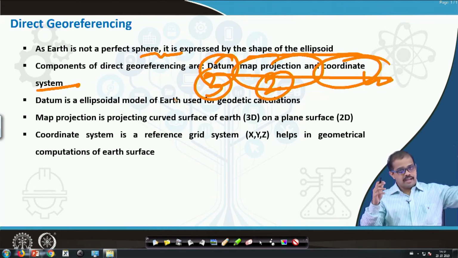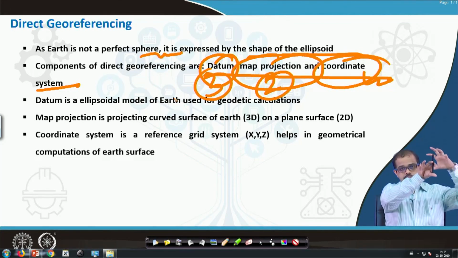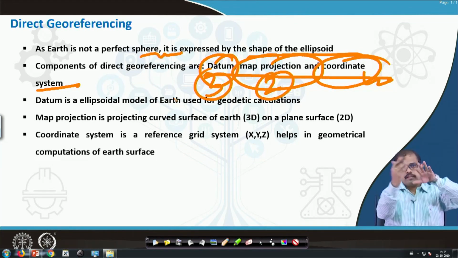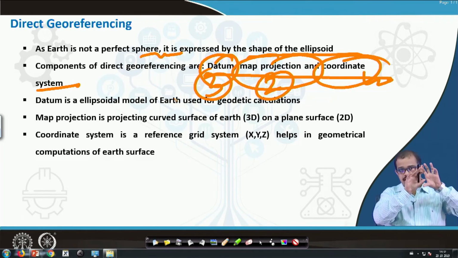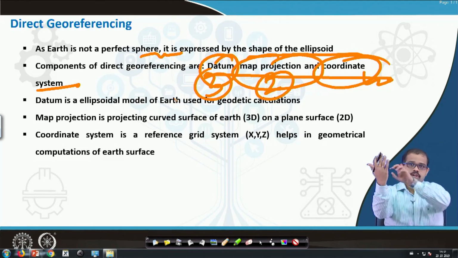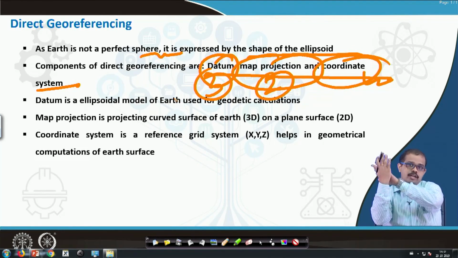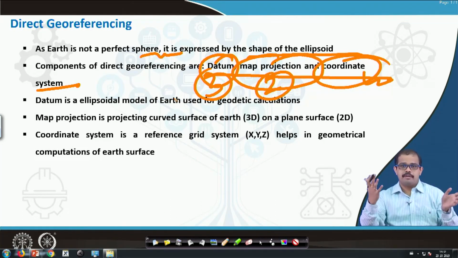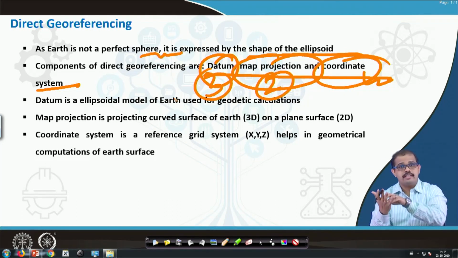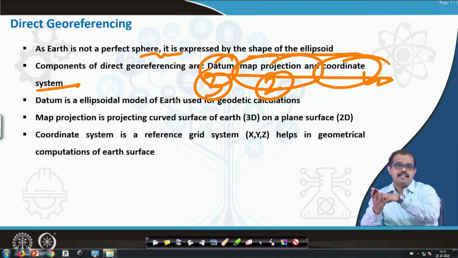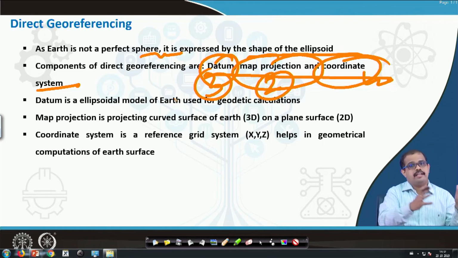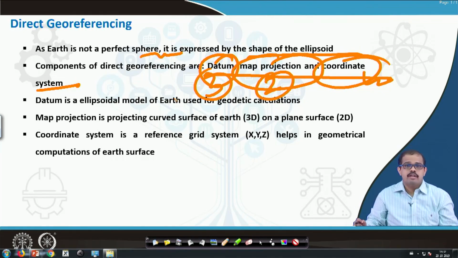Now if you put a light in front of this earth surface and project it, keeping a paper here, you are projecting a circular earth onto a paper. So now it becomes 2D because you have only the reflections. You cannot look at the third dimension of the earth surface. This kind of projecting system is necessary for us to convert 3D data into 2D data, for us to understand the details on the earth surface.